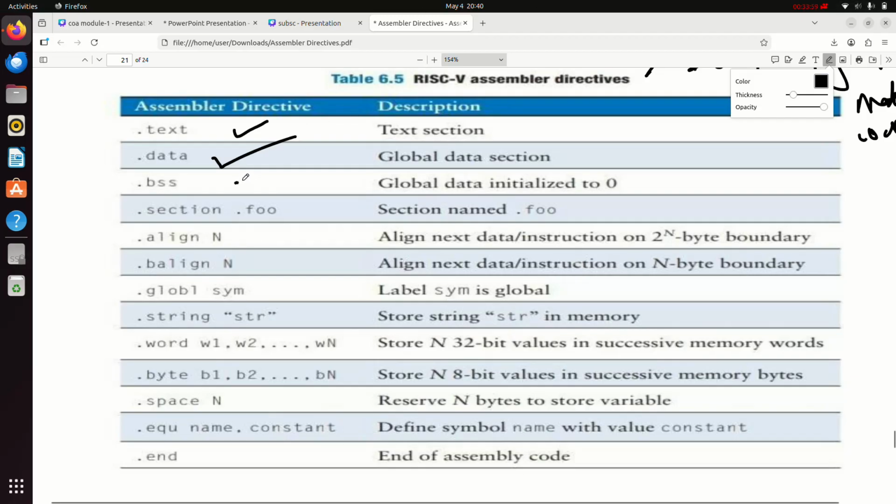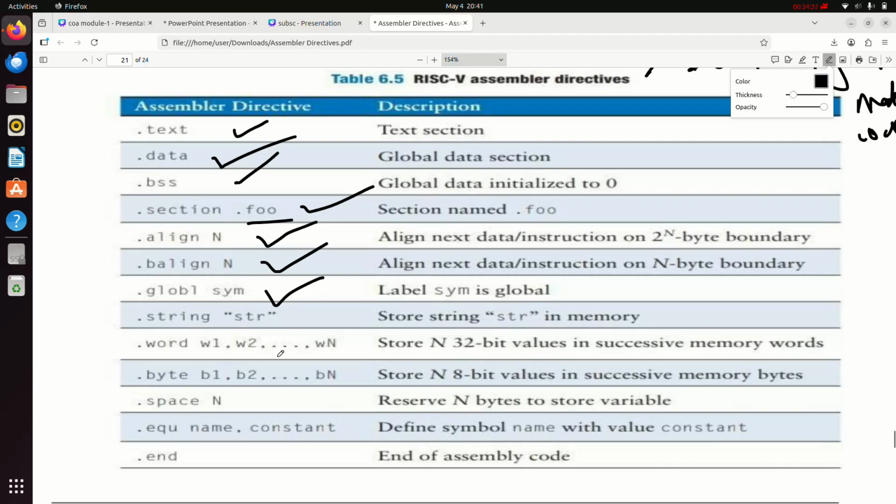The uninitialized data section, and .section .foo means a section named .foo, right? .section means we are creating a section and the name of the section is .foo. .align n means I am aligning the next data or instruction on a 2 raised to n byte boundary, and .balign n means I am aligning the next instruction or data on an n byte boundary. Okay, and .global sym means labeling sym. Label sym is global. That means this label that I created, sym, is global. That is what it means. .string str means this str is basically a string.